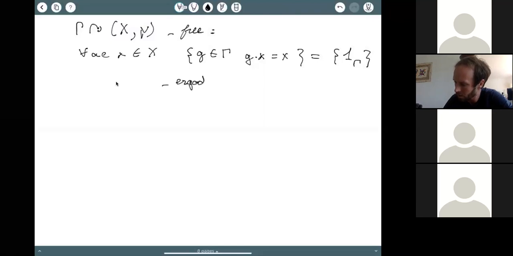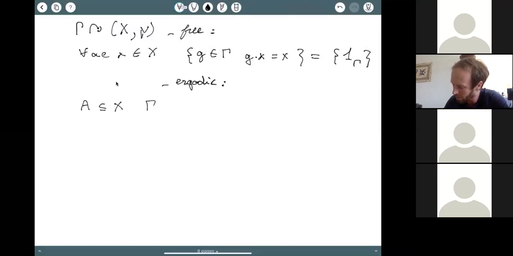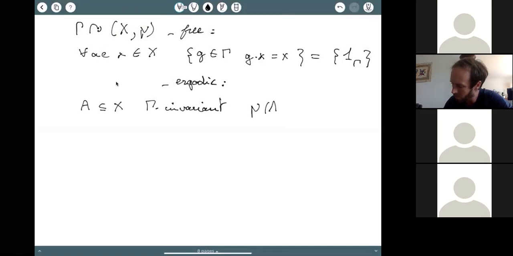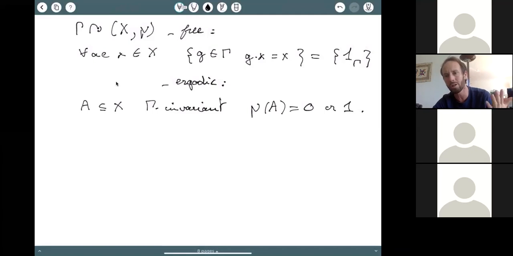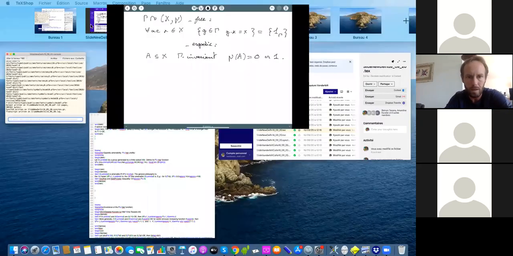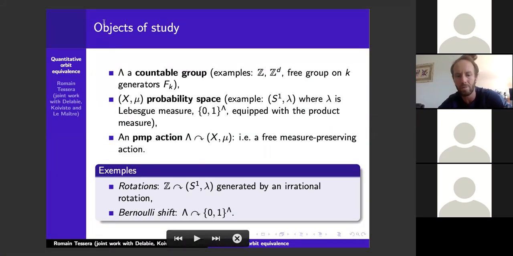So ergodic is a kind of minimality assumption, because it says that whenever you have a measurable subset which is gamma invariant, then the only possibility for its measure is 0 or 1. Okay. So for instance, if you take two such PMP actions and you take the disjoint union of them, it's no longer ergodic, basically. So this is why it's a kind of minimality assumption.